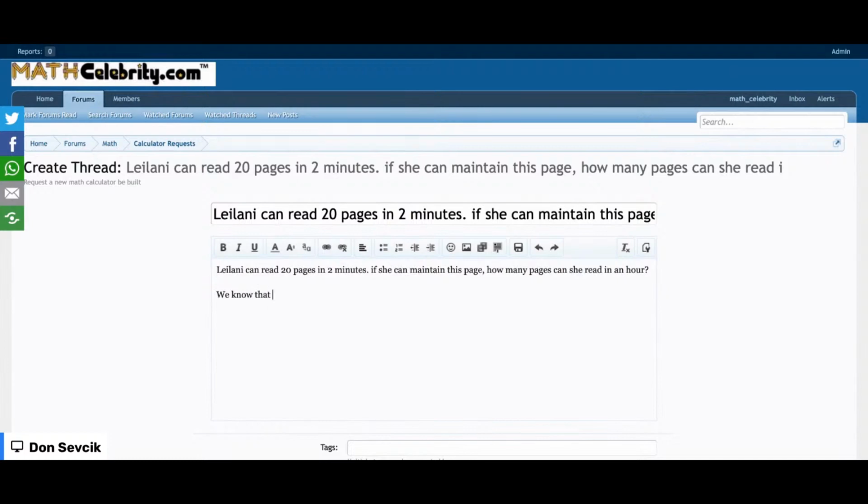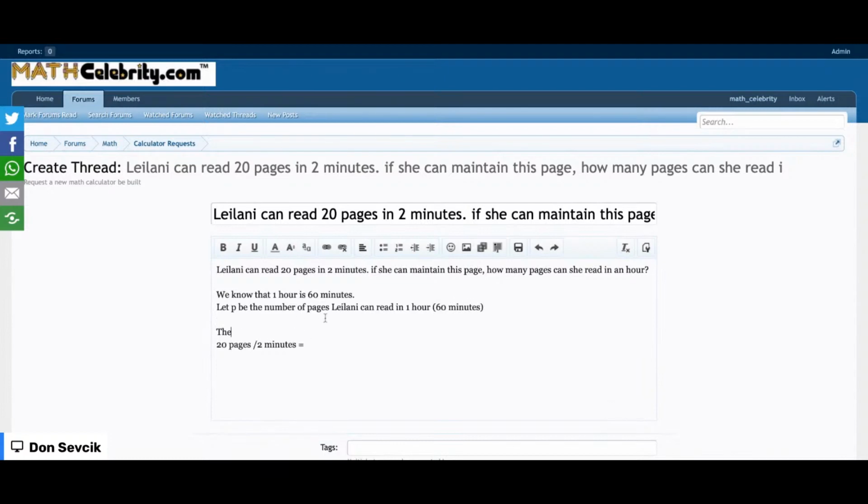We know that 1 hour is 60 minutes. If you don't know that, you can look up time conversion. So every hour, 60 minutes. 20 pages per 2 minutes equals... let's declare some variables. Let P be the number of pages Leilani can read in 1 hour, which is 60 minutes.